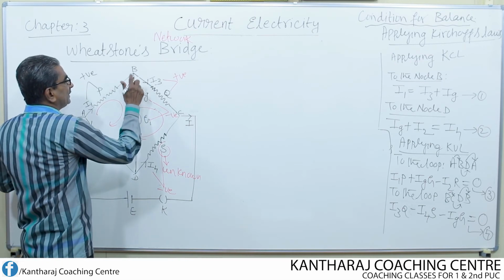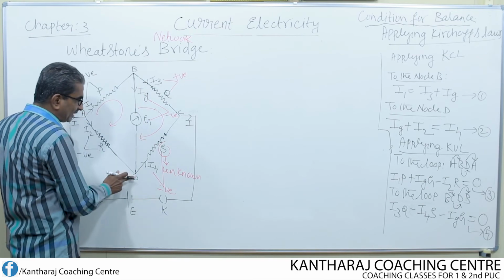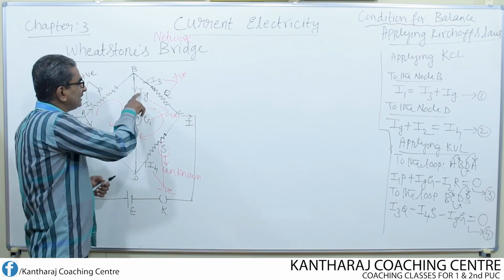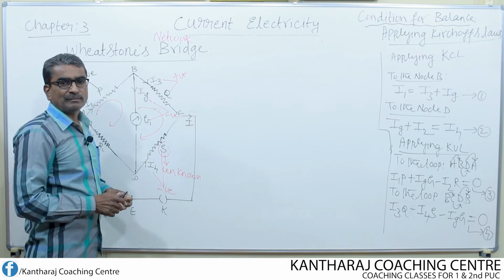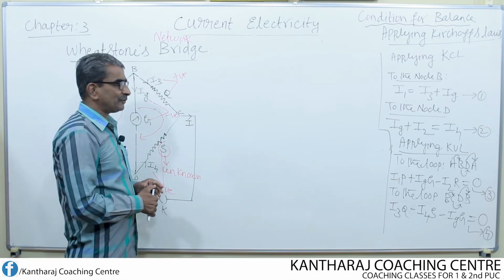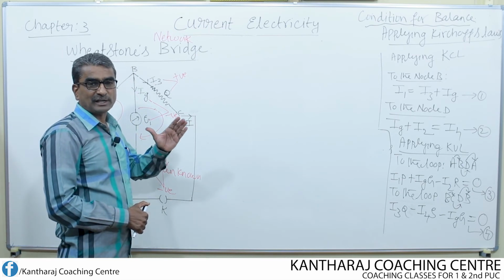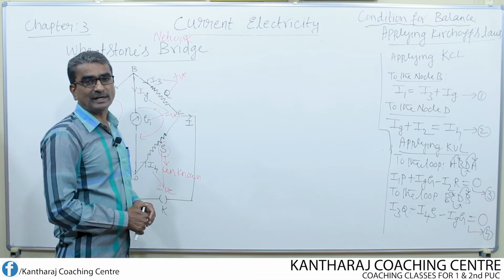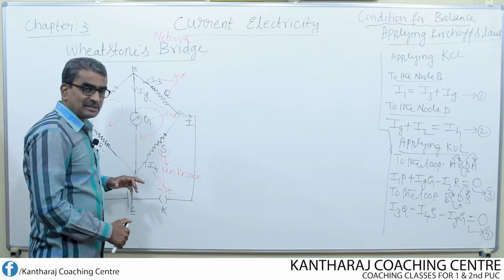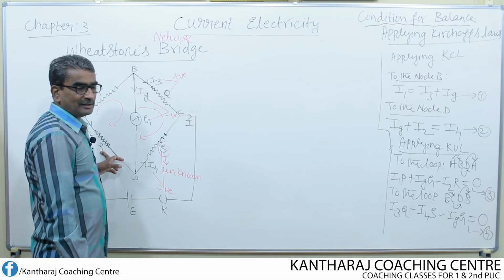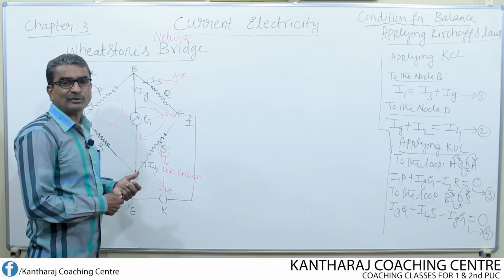If once the potential difference between B and D becomes equal to 0, what happens to the current Ig? The current Ig becomes equal to 0, because we know very well that current always flows from one point to another point only if there is a potential difference between those 2 points. If these 2 points remain at same potential on adjusting the value of R, then potential difference becomes equal to 0.